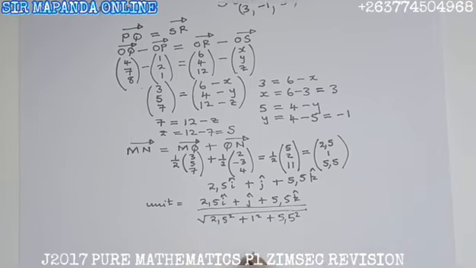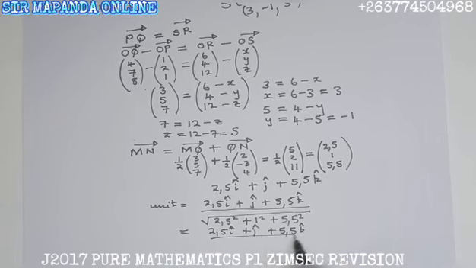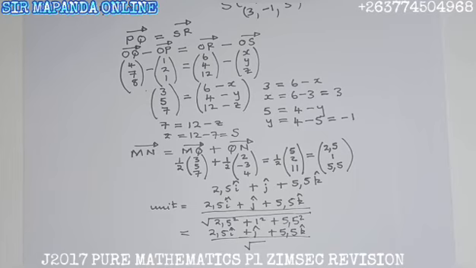So your final result becomes 2.5i plus j plus 5.5k to be divided by the square root of 37.5. So this is your final answer.